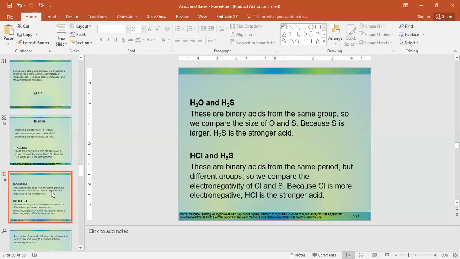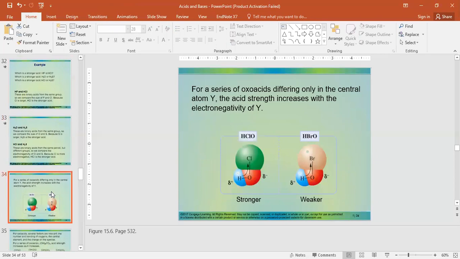Water and sulfide, again, you can look at that. Now, this is another factor that we can look at. For a series of oxo acids differing only in the central atom Y, the acid strength increases with the electronegativity of Y. What we are looking at here is this species and that species.